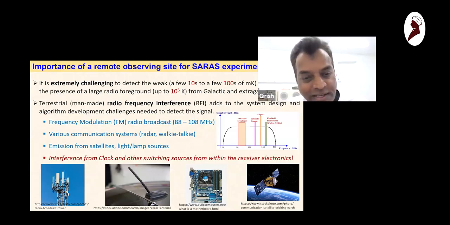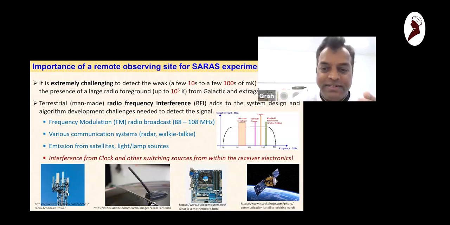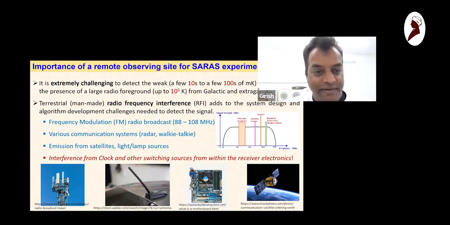Emissions from satellite, you'll see, even if you go to remote sites, you can't escape that. And then certain lights and lamp sources, which I will show you, also generate a lot of switching signals, and they generate a lot of interference, and sometimes the band is totally distorted. So these are the typical sources of radio frequency interference.